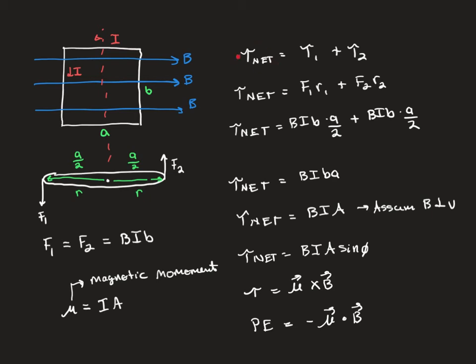So I've subbed up here our net torque. We have a torque from force 1 and a torque from force 2. I've subbed in our force equations and our lever arms. That reduces down to the magnetic field strength times the current times the length of the sides multiplied together, which is the same thing as the area.